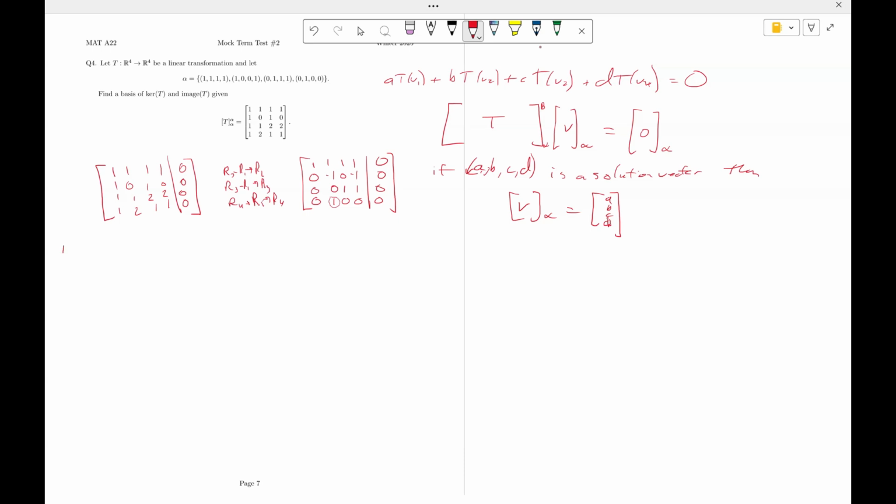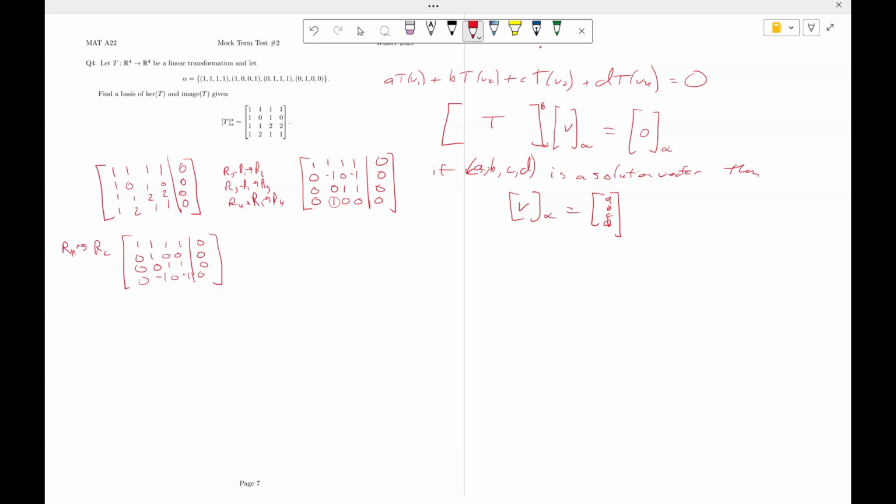I'm going to swap R1 or R4 with R2 to give me 1, 1, 1, 1, 0, 0, 1, 0, 0, 0, 0, 0, 1, 1, 0, and 0, minus 1, 0, minus 1, 0.